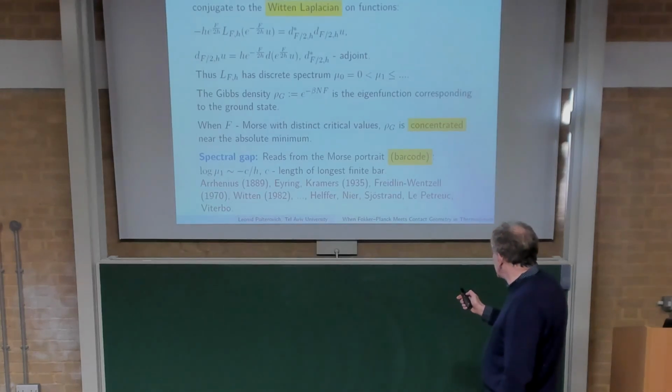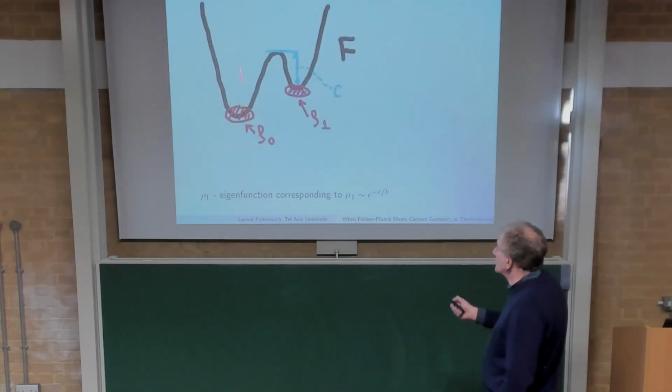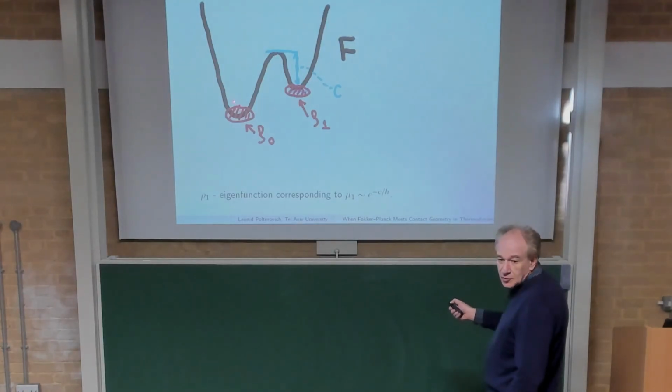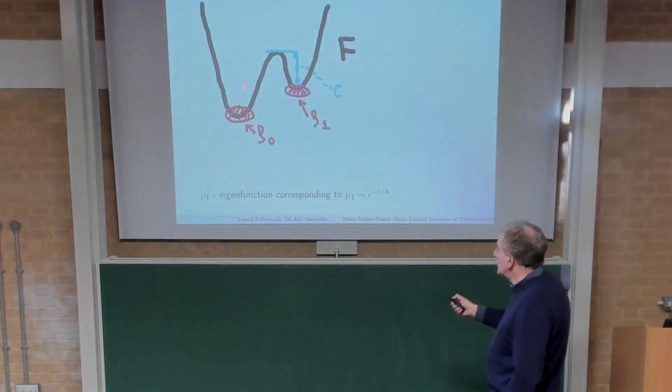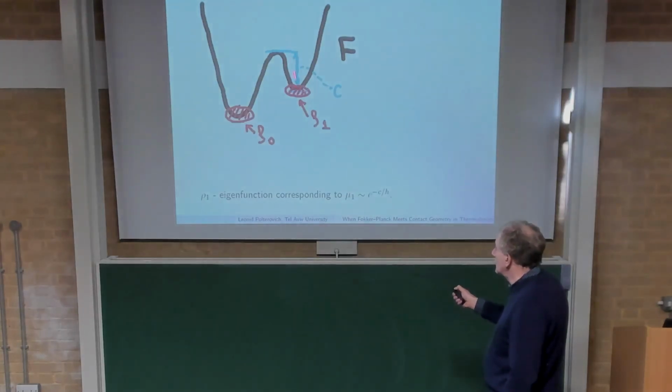So here is what I mean. Assume that this is my function f, with two minima and one maximum. This is the absolute minimum, so here is concentrated the ground state. And the spectral gap is controlled by the finite bars.